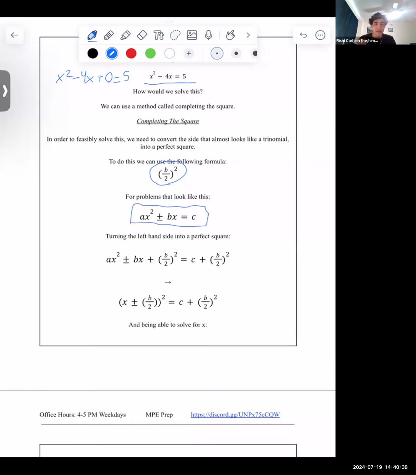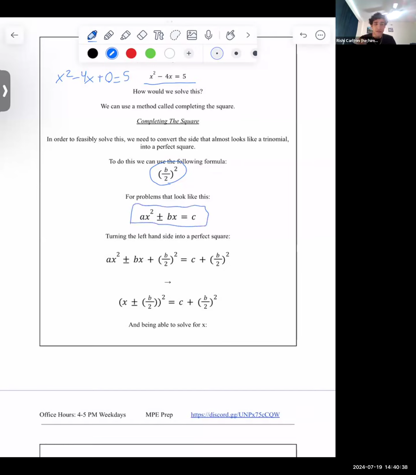So here we have that written out, nice and neat for us. We have our original polynomial. We add on that extra factor to both sides, which we got from this formula up here, the b over 2 squared.